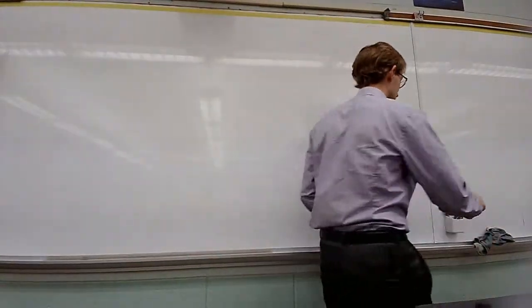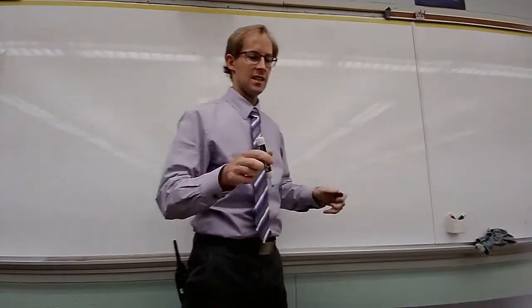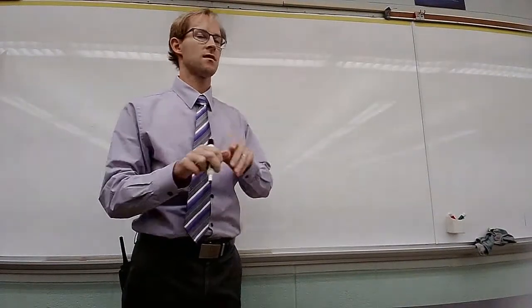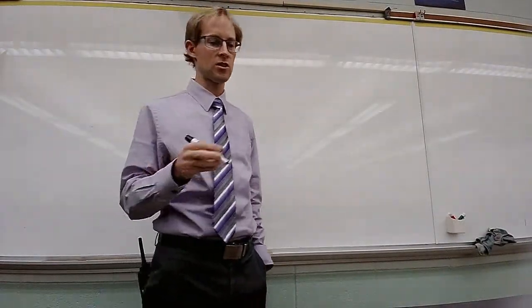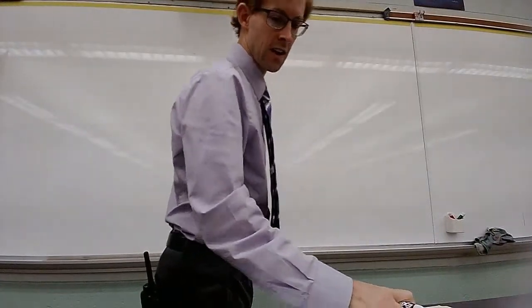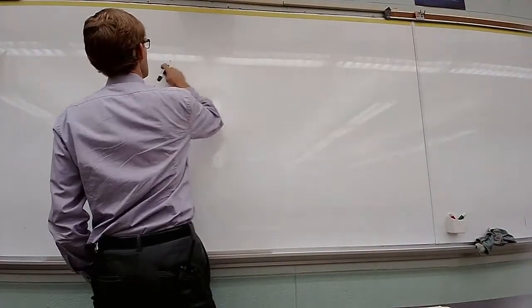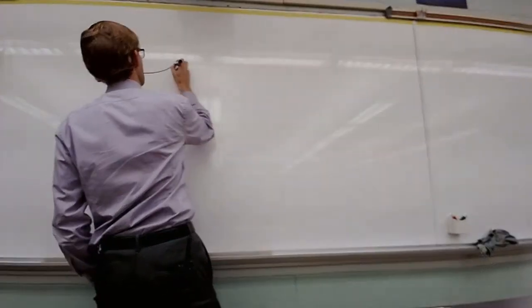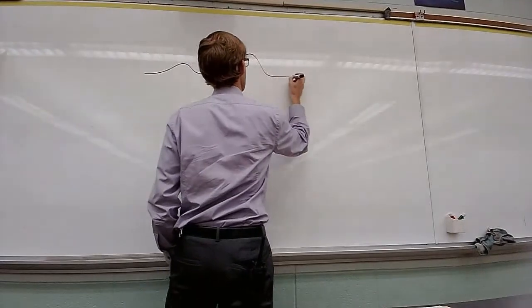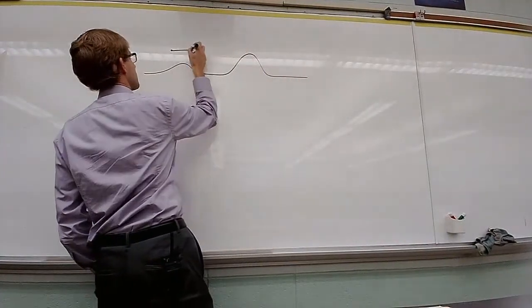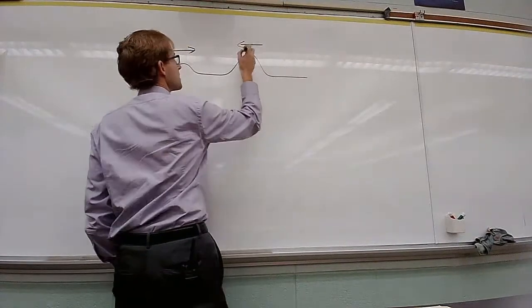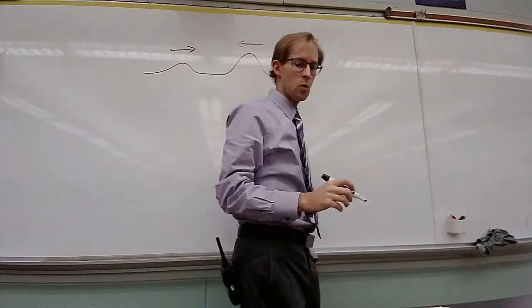So the very first thing that we talked about in this chapter was the principle of superposition. So let's say that you've got two waves. Maybe they look like this. What is this called? Principle of superposition.